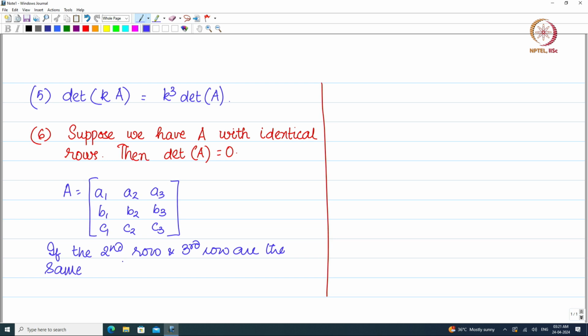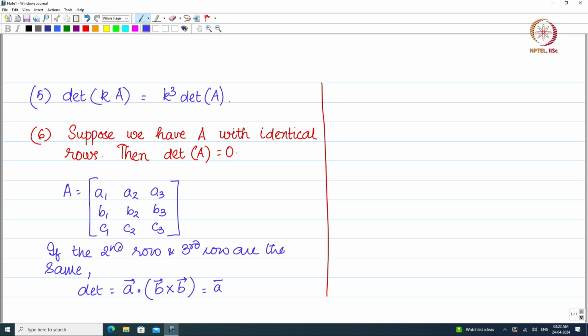When we look at the determinant as A dot B cross C, then if the second and third rows are the same, my determinant is basically A dot B cross B, which means B cross B is the 0 vector.